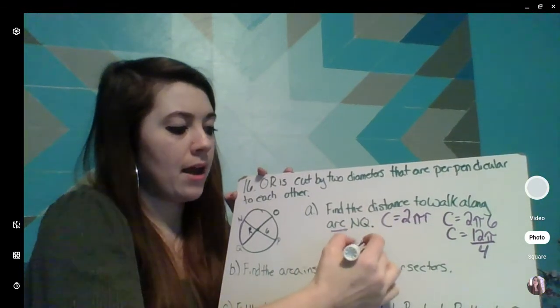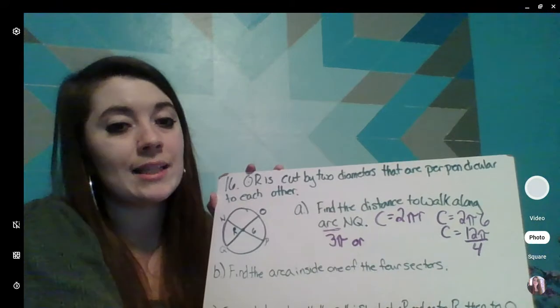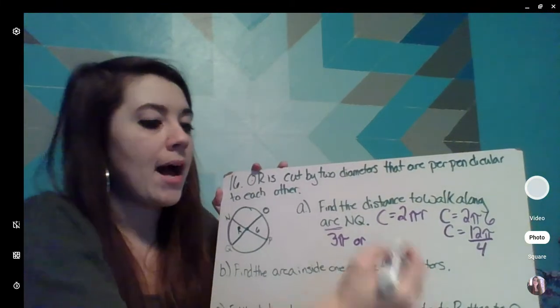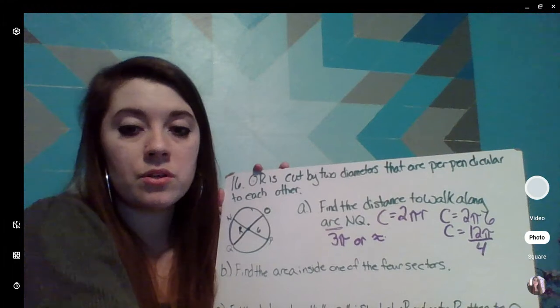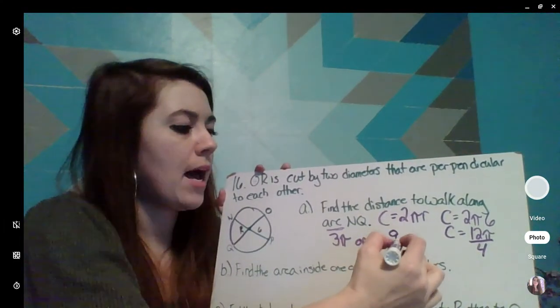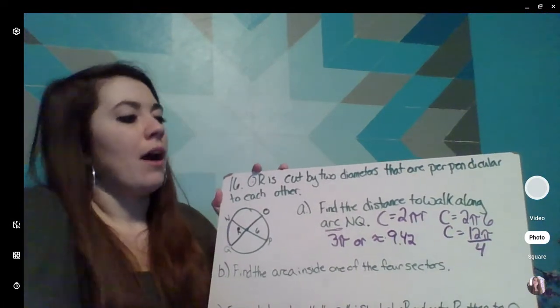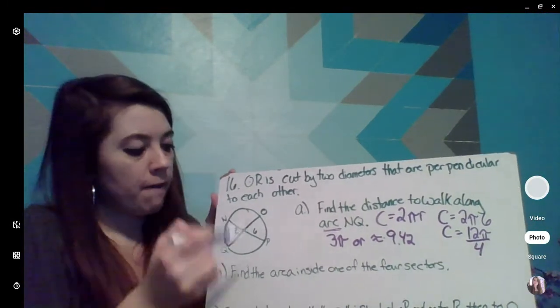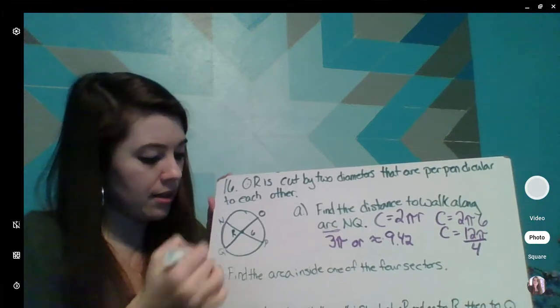So 3 pi, or in this case, we want to find the decimal because we're going to use it later to make things a little bit easier. So 3 pi, or about, using about symbols. Remember, the squiggly equal signs represent about, 9.42. All right, so that is our arc length for NQ.